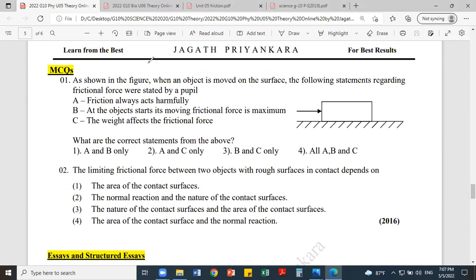Who can tell me the answer for the first MCQ? I think we didn't discuss this, right? Any volunteers? No one? Can you guess it now? That's all right, even if it's wrong, what do you think?